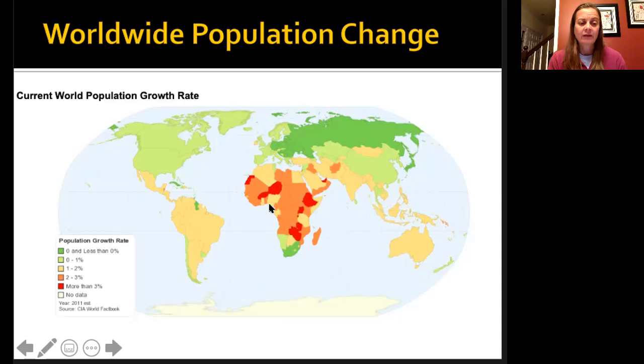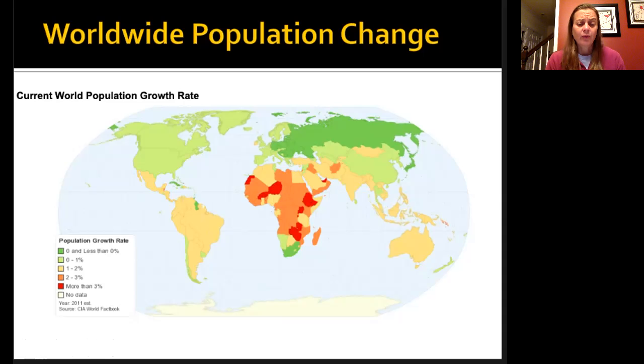Africa tends to have very high growth rates. South America and the rest of Asia tend to have medium growth rates. Again, it's important that you are able to identify the areas with fastest rates of change and lowest rates of change.